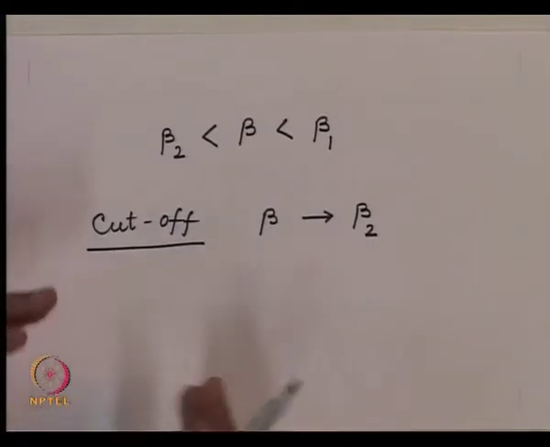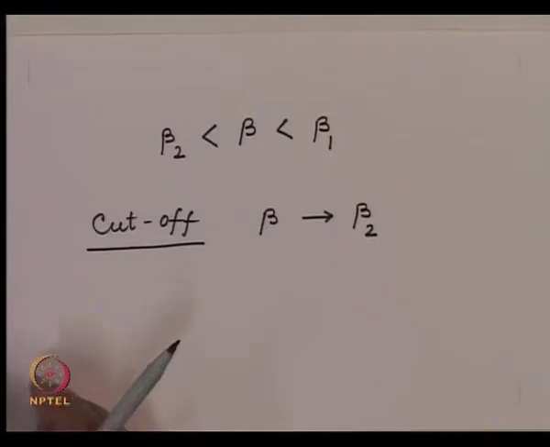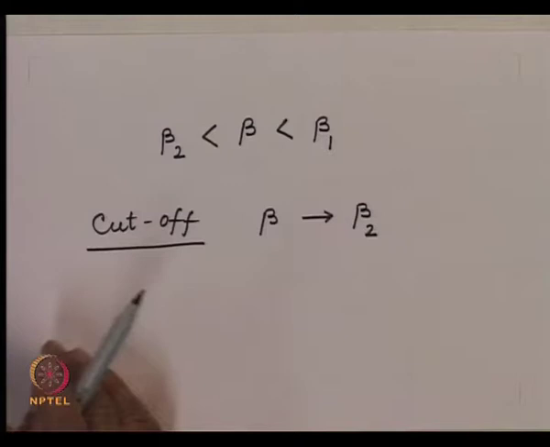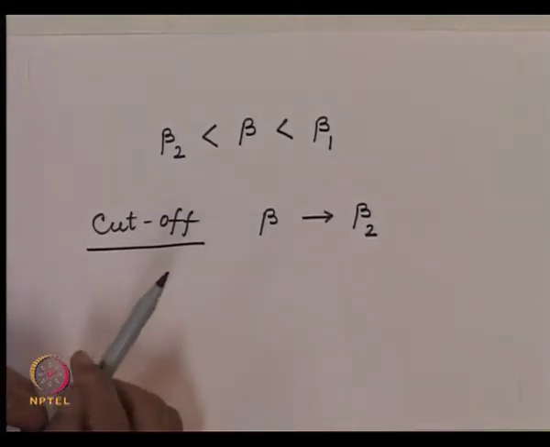What does this physically tell me now? Suppose beta is equal to beta 2. What that means is that whatever energy is propagating inside this medium sees basically a refractive index N2. That is the reason it has a propagation constant which is beta 2. In other words, most of the energy associated with these fields is lying in a medium having refractive index N2.